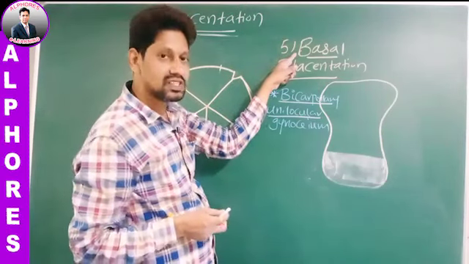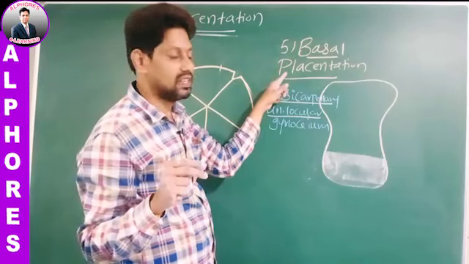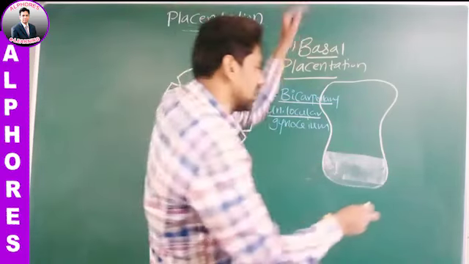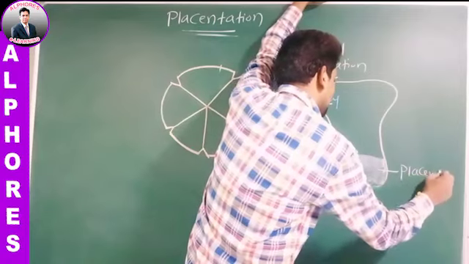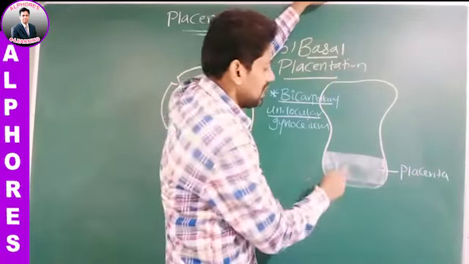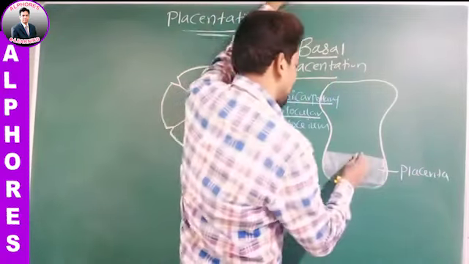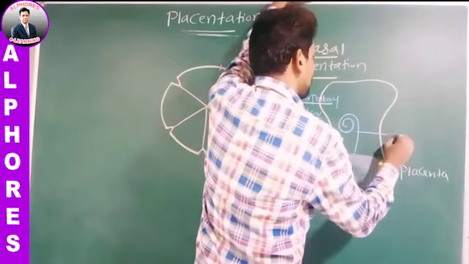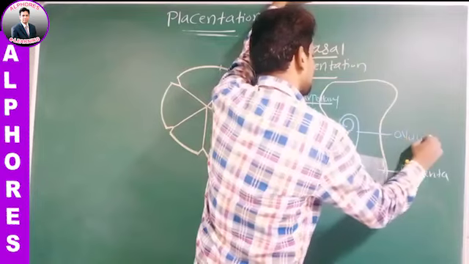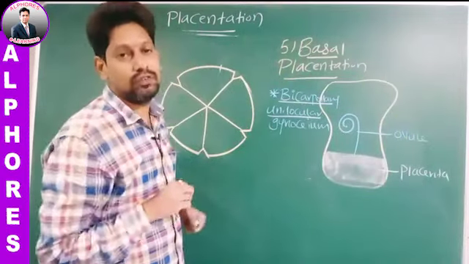It means the placenta is present at the base of the ovary. What is this white one? This is nothing but the placenta, present at the base of the ovary. On this placenta, one ovule is present.